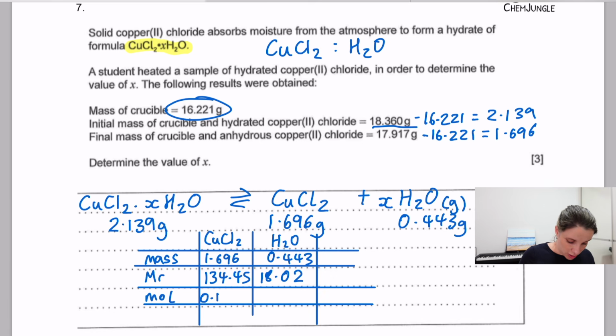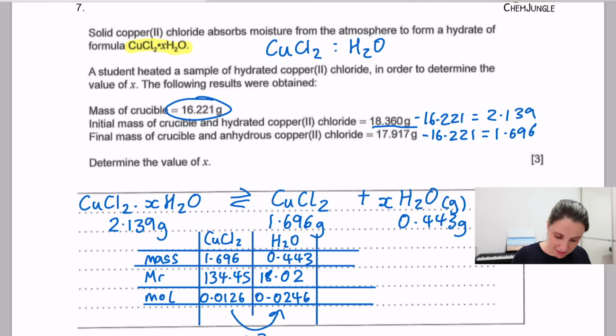So in this case, we get 0.0126 moles of the copper chloride, and then we get 0.0246 of the water. Now, looking at this, it's pretty obvious that the number for the water is double that of the copper chloride. To get from here to here, you're timesing by 2. So I'm not going to divide by the smallest because I don't need to, to help me work out what the ratio is.